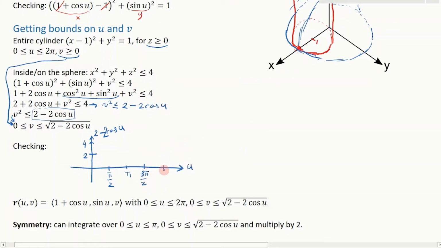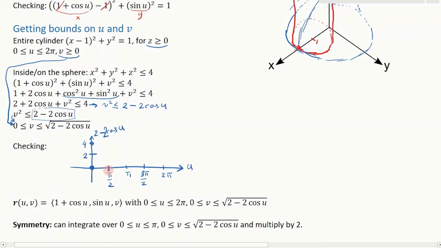3 pi over 2, 2 pi. So here cosine u is 0. Here cosine u is 2. So then we get 0 here.